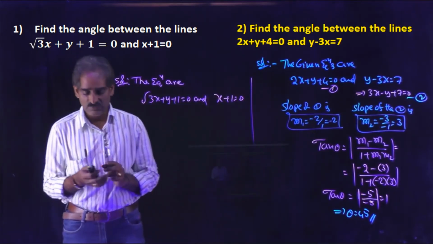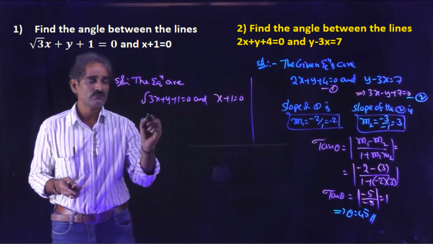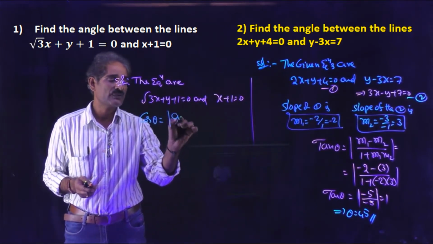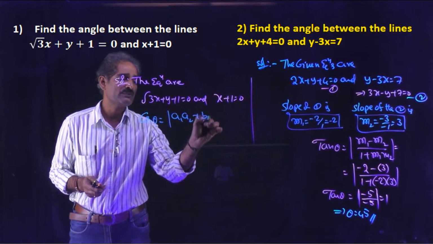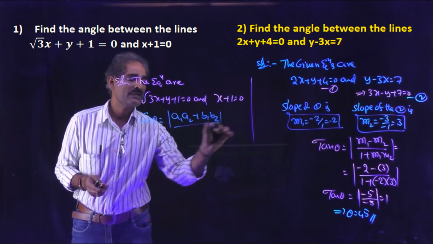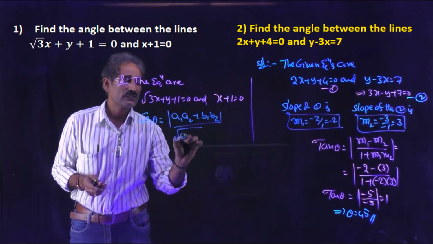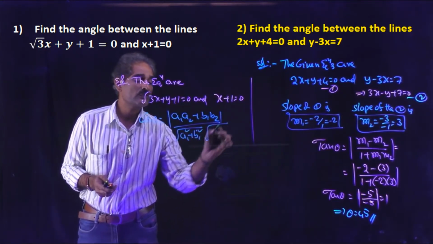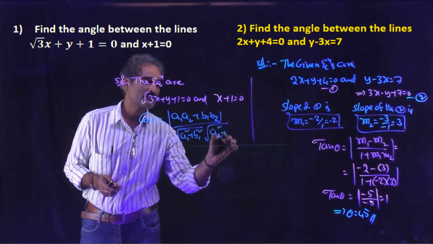So what is the formula for cos theta? Cos theta is equal to modulus of (a1 a2 plus b1 b2) by square root of (a1 square plus b1 square) into square root of (a2 square plus b2 square).